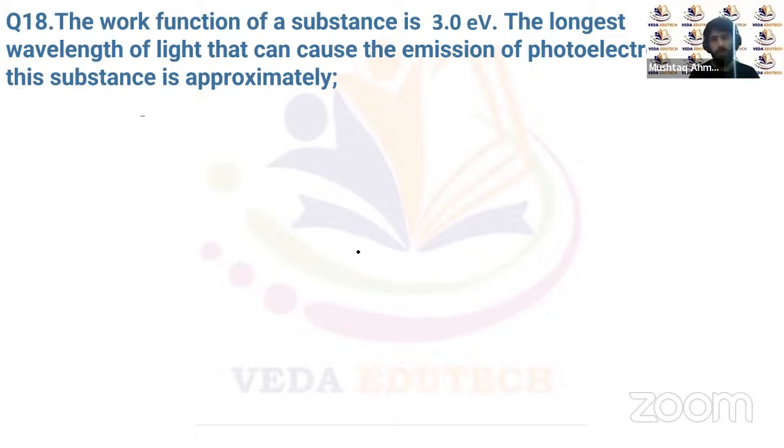The minimum energy required for the photoelectric effect to take place is the work function. It means that the longest wavelength will have energy equal to 3 electron volts, equal to the work function. So we have to calculate this longest wavelength.